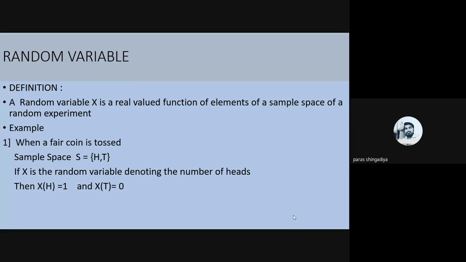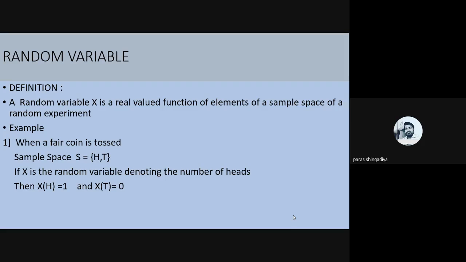What is the possible outcome of the experiment when you toss the coin? It will be either head or tail. So the sample space S is equal to {H, T}, where H means head and T means tail. Two possibilities, H and T.